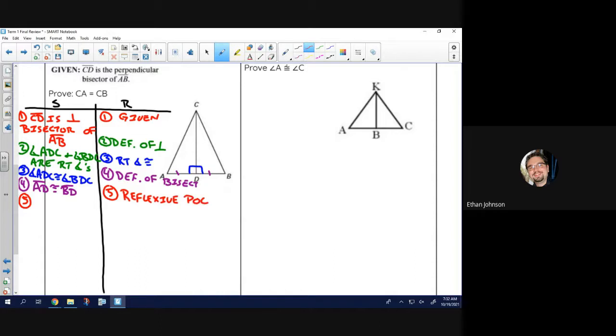The side they share is CD, so I know CD is congruent to CD. We have three parts of the triangle marked congruent. So I can say triangle ADC is congruent to triangle BDC.